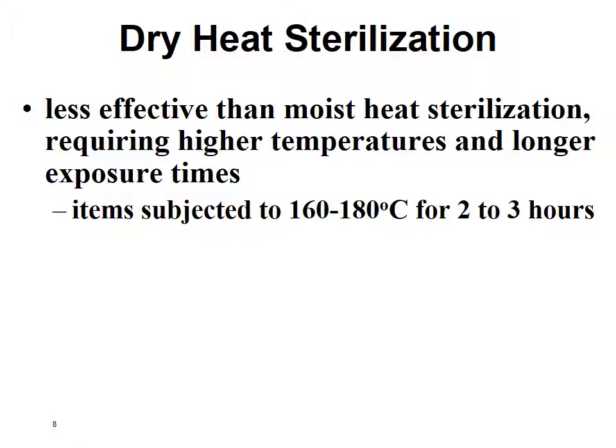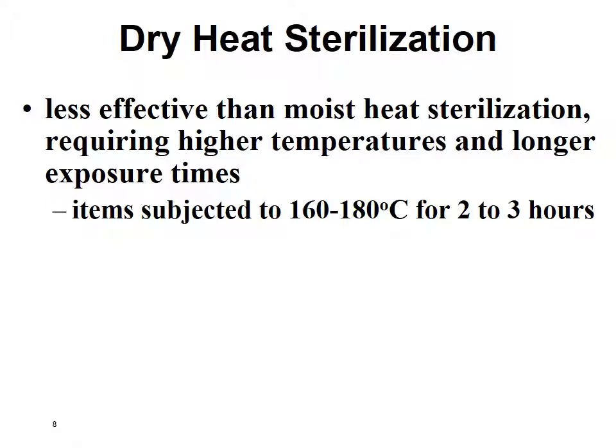Keep in mind that dry heat is less effective than moist heat. For example, the endospores of Clostridium botulinum, the cause of botulism, are killed in 5 minutes at 121 degrees Celsius by moist heat, but only after 2 hours at 160 degrees Celsius with dry heat.